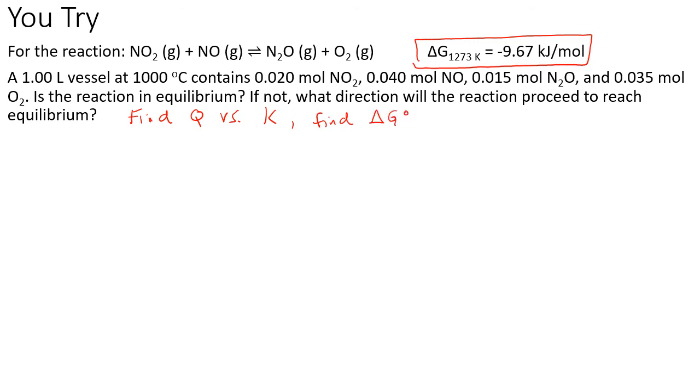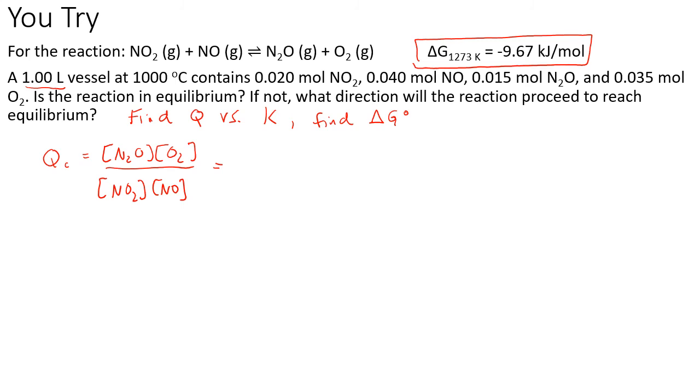So our Q, or our Q sub C, since we were given molar concentrations in 1 liter, so molarities, will be equal to the concentration of N2O times the concentration of O2, our products, over the concentration of our reactants, NO2 times NO. So our moles are essentially equal to our molarity since we're in a 1 liter vessel, and we can substitute the moles right in.